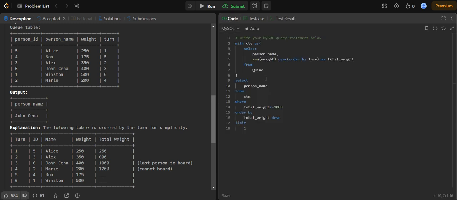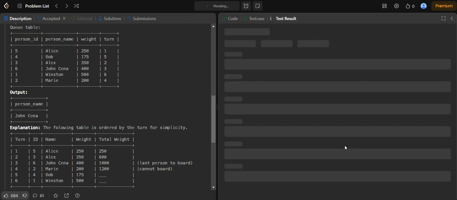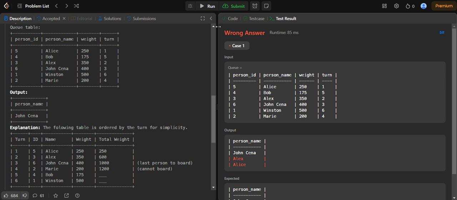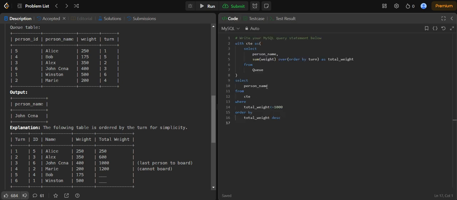I hope you have understood the problem. I have filtered using total weight, then I have ordered by the total weight. I can show you without using the limit condition also. Let me add the weight also here. Select star.